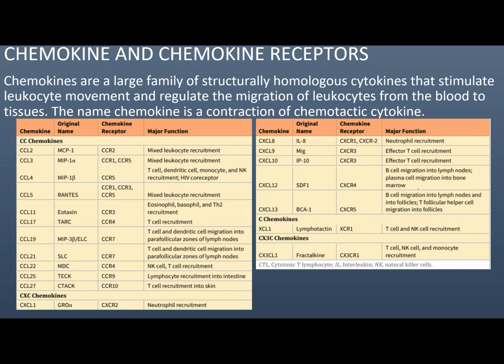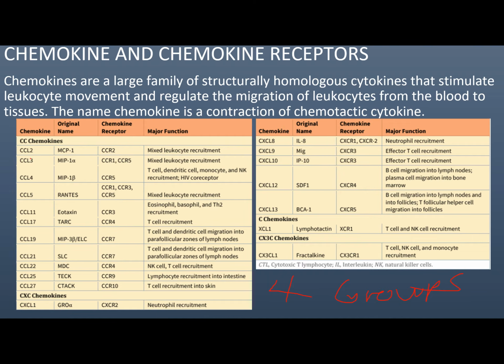So, chemokines, class, are a large family of structurally homologous cytokines that stimulate leukocyte movement and regulate the migration of leukocytes from the blood to the tissue. The term chemokine is a contraction of chemotactic cytokine. These are the different chemokines, class, and they have different functions. They are subdivided into at least four groups. The first group, class, is the CC chemokines.